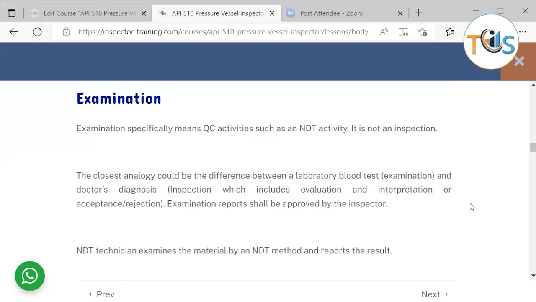Now, the NDT technician normally has a procedure. He works according to the procedure, and if he's allowed, he evaluates the indication or discontinuity and sees first if it's relevant or not, and then sizes it.